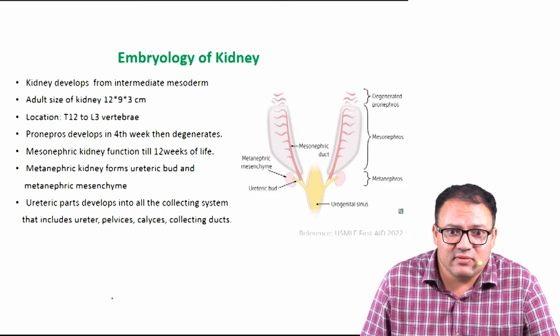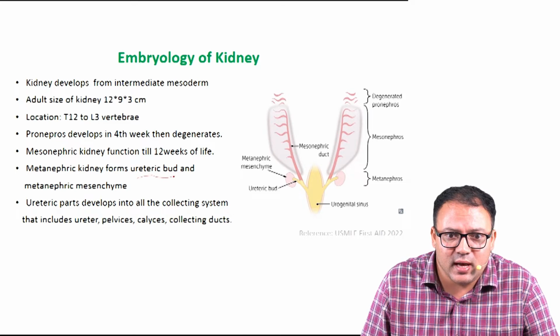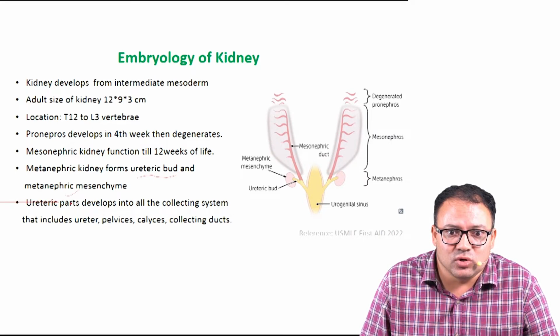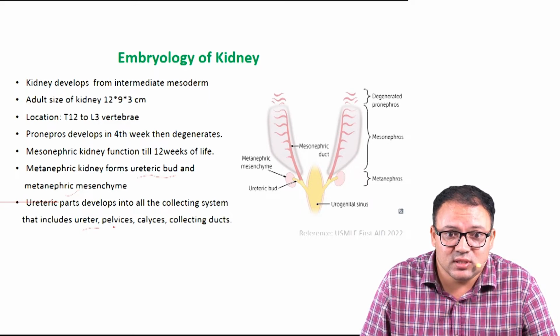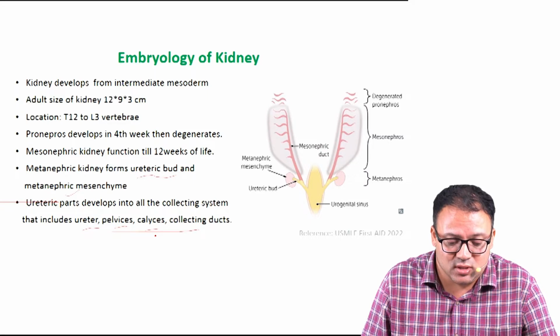So metanephric kidney basically has two parts, that is ureteric bud and metanephric mesenchyme. Ureteric bud develops into all the collecting system. The collecting system includes ureter, pelvis, calyces and collecting ducts.